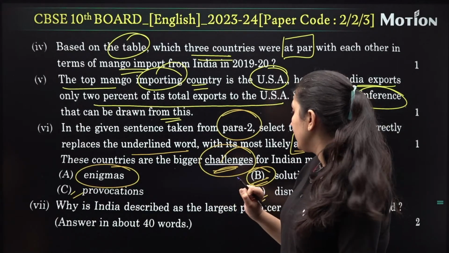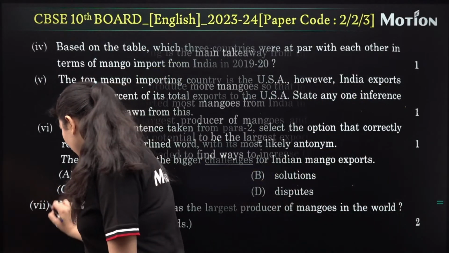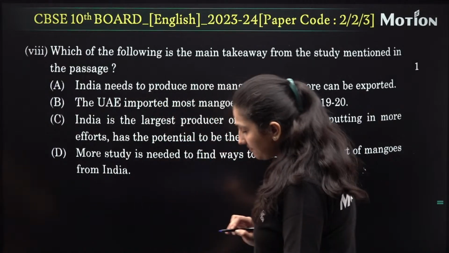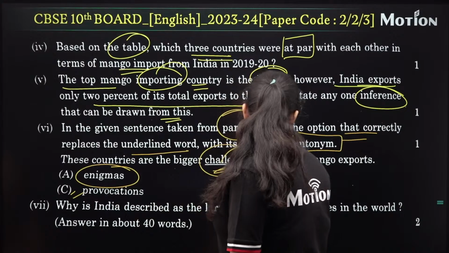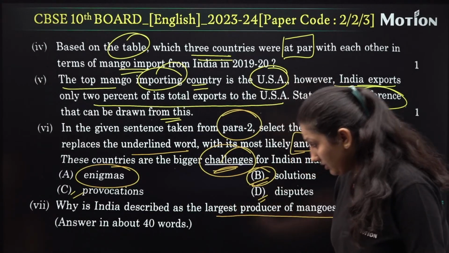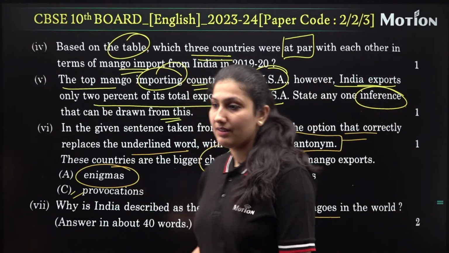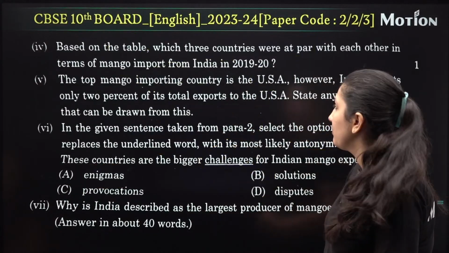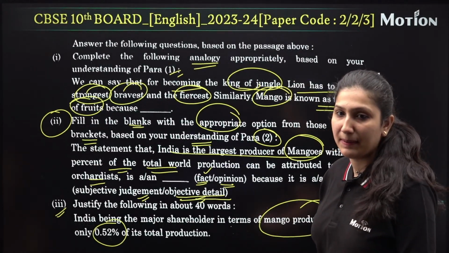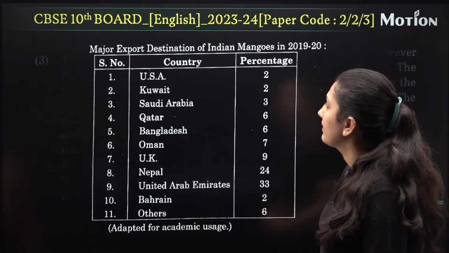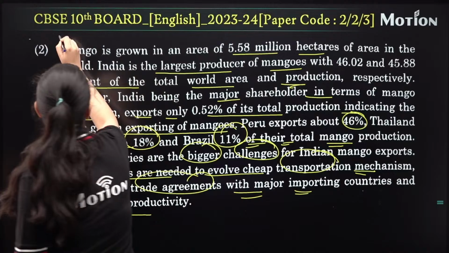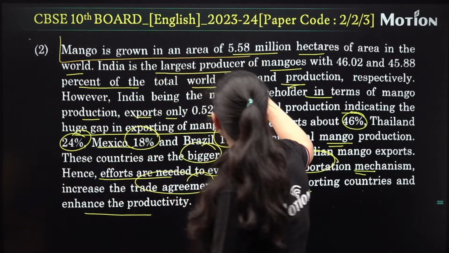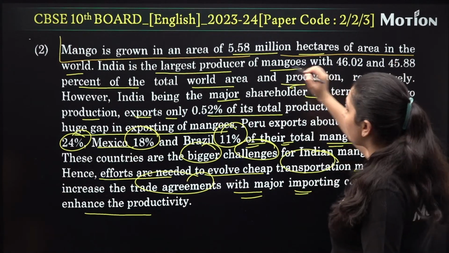Yes. Coming toward question number 7th. Why is India described as the largest producer of mangoes in the world? Why? Tell me. What have you written? So, mango is grown in an area of 5.58 million hectares of area in the world.